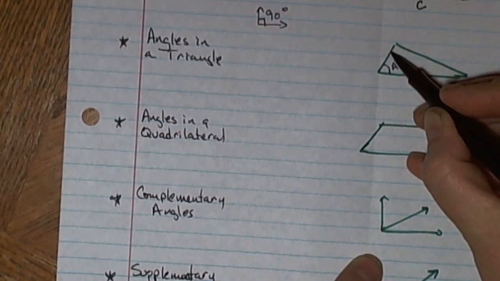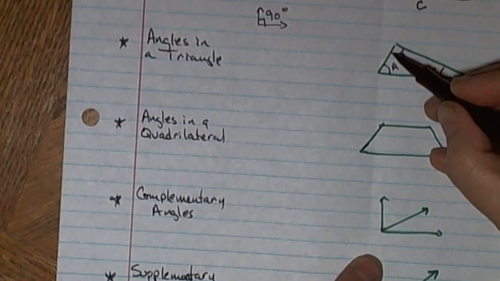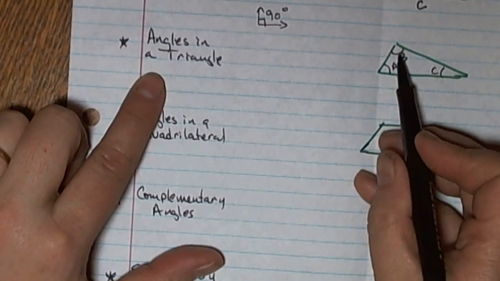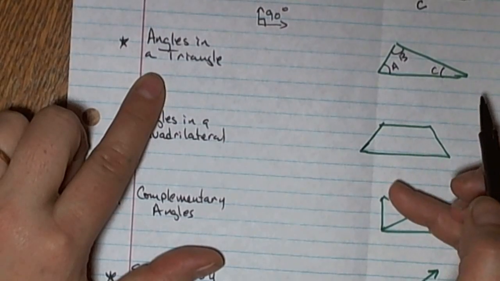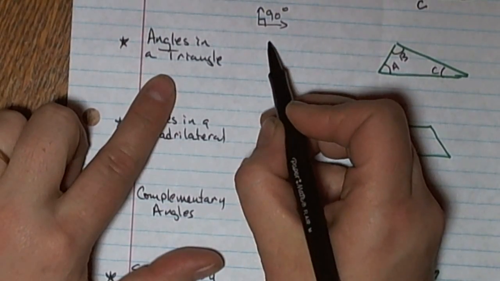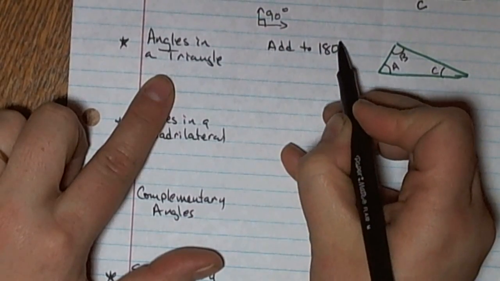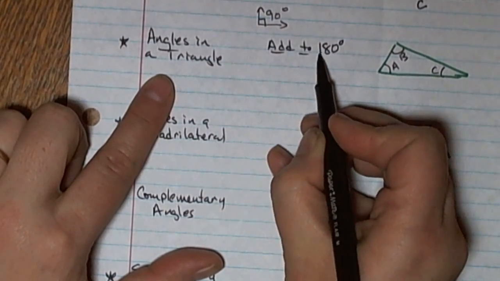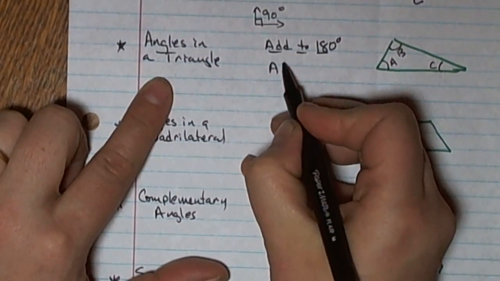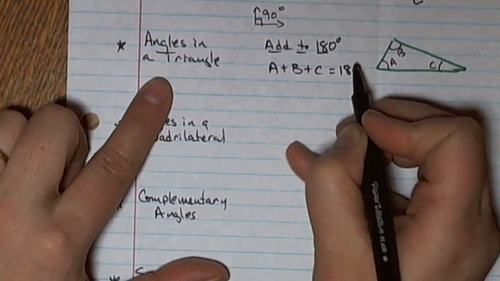I'm going to label them A, B, and C. The measure of its interior angles always adds to 180 degrees. So angles of a triangle add to 180 degrees. That is what I need to know. If I have a triangle with 3 angles, I can add them together, and that total will be 180.